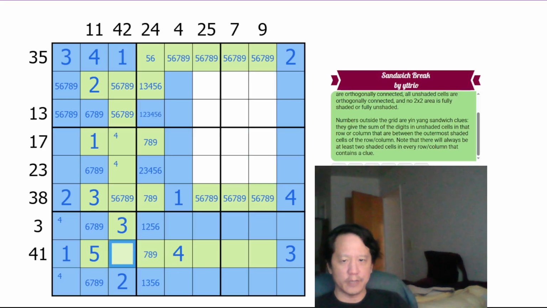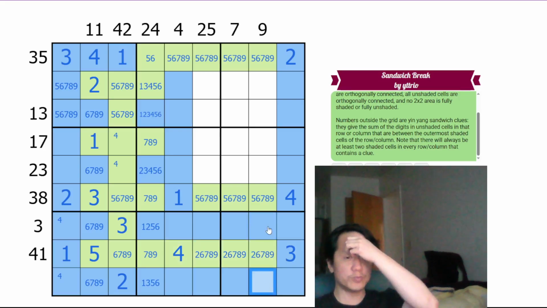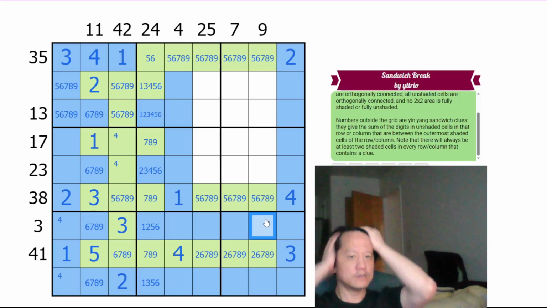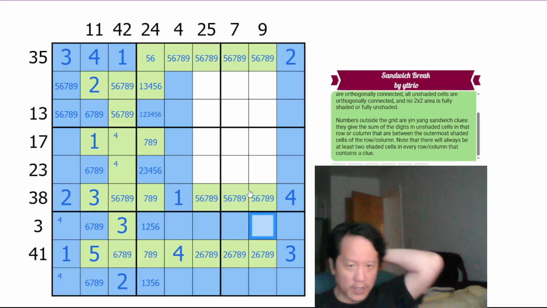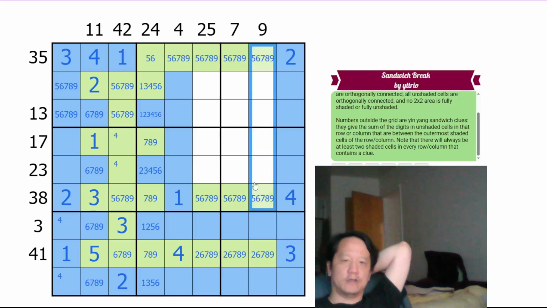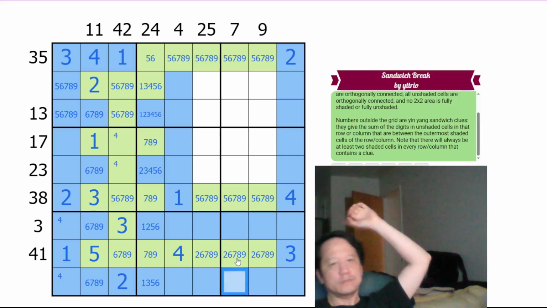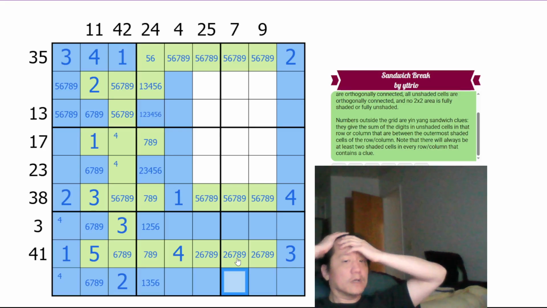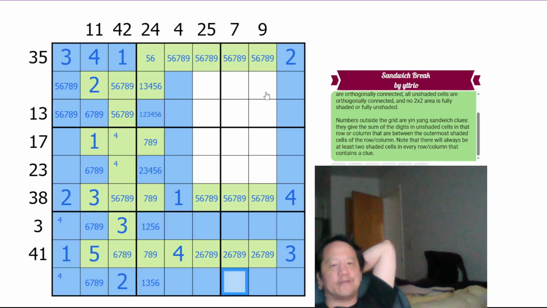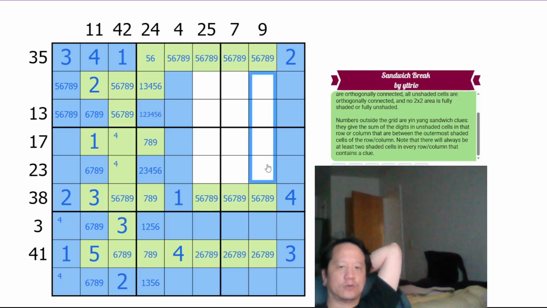This digit cannot be 1, 2, 3, 4, 5, so it's 6 through 9 here. This is 2, 6 through 9 here. This is definitely between these two digits. So we could have green going all the way down here. This is definitely between two green digits. We are definitely having some greens here.